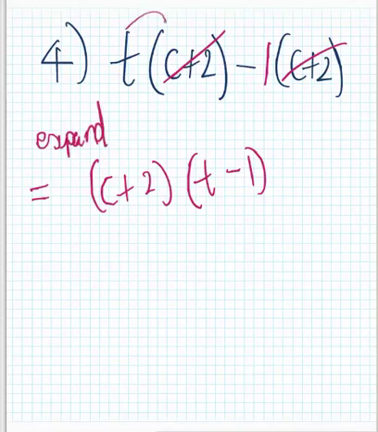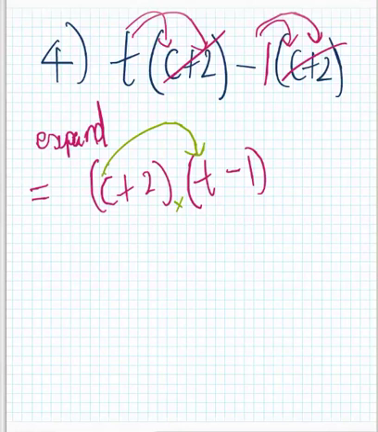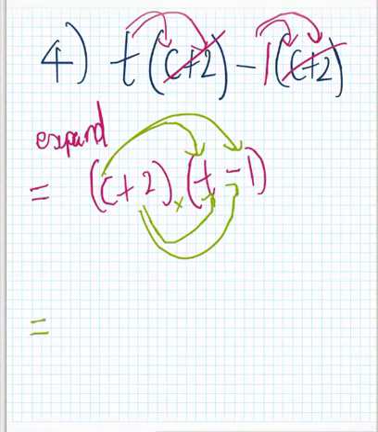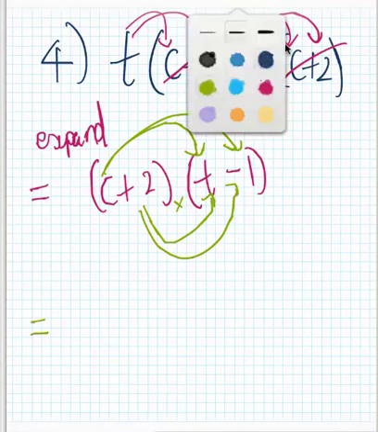Okay, so if I expand this one, and I expand this one down here, you should get the same answer. So let's have a quick look. To expand a binomial, there's an invisible times here. So we have c times t and c times minus 1, 2 times t and 2 times minus 1. Combine it all together and that's pretty much it.